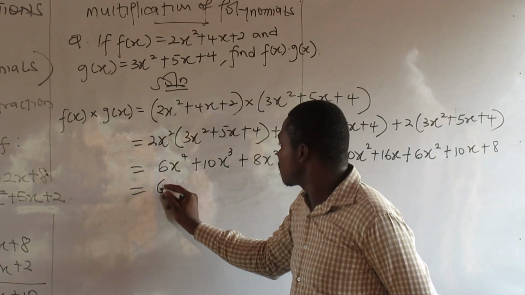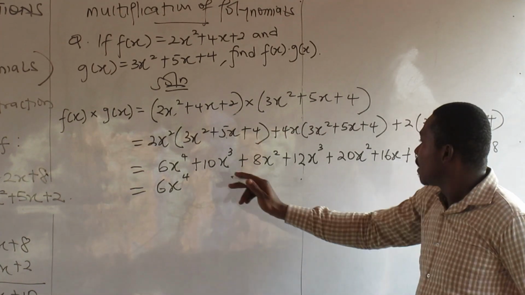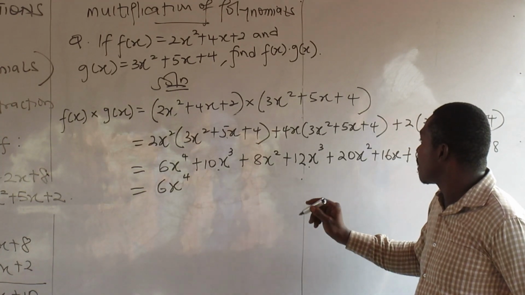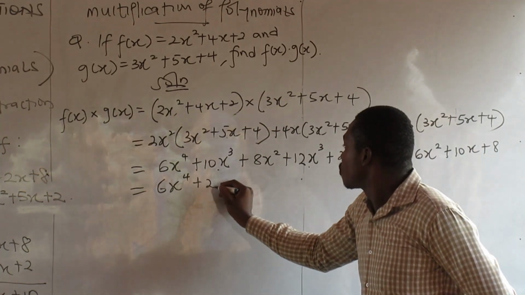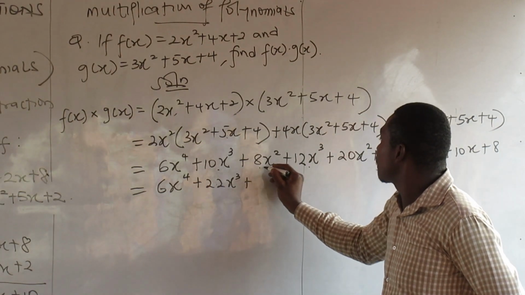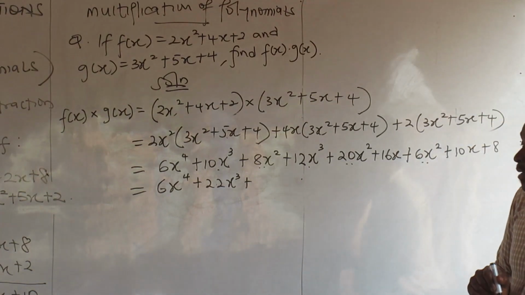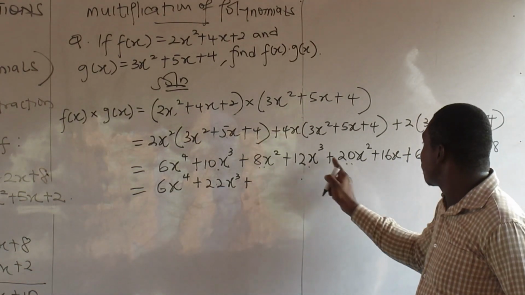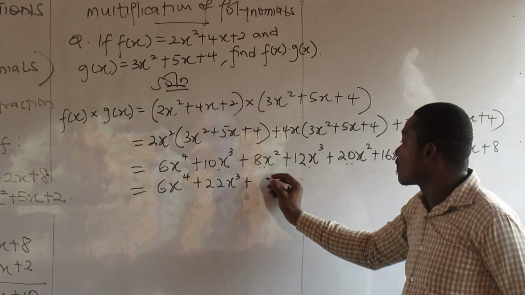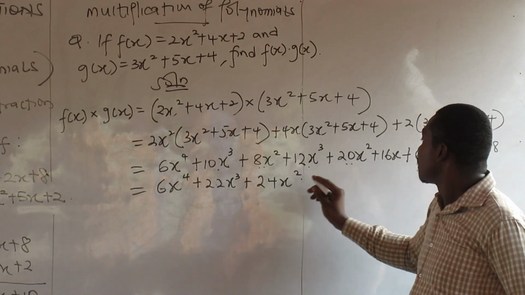Now I have to group what we call like terms. Now 6x raised to the power 4 is alone. Now that will give me 22x cubed. Now that are the same, right? I'm putting them together. So 8, 20, and 6. What again? 34x squared.